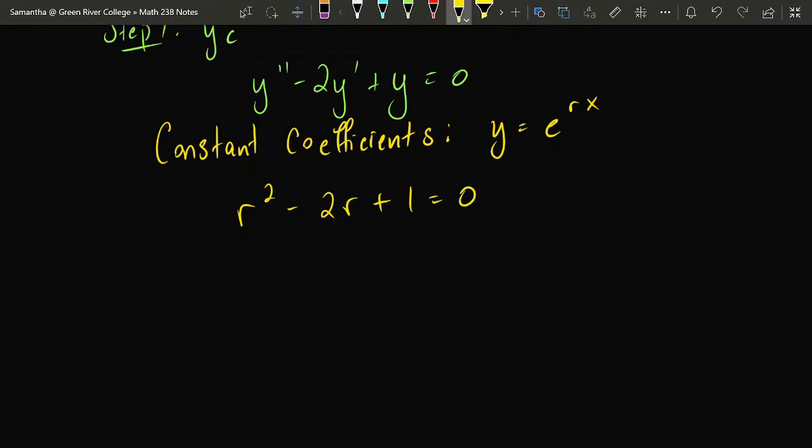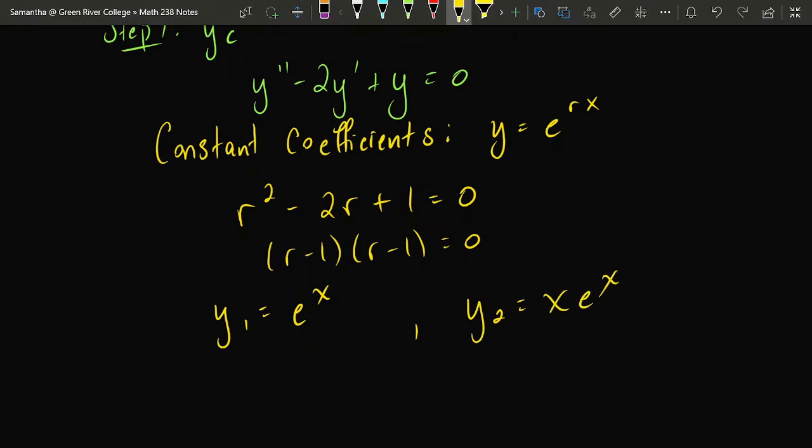So here is my auxiliary equation, which has a repeated root of r equals 1, e to the x, and x e to the x, and therefore my complementary function is c1 e to the x plus c2 x e to the x.